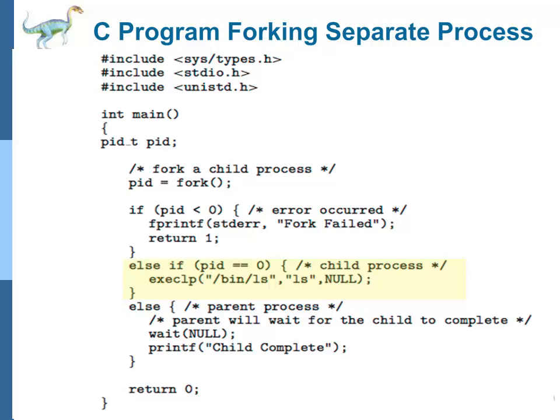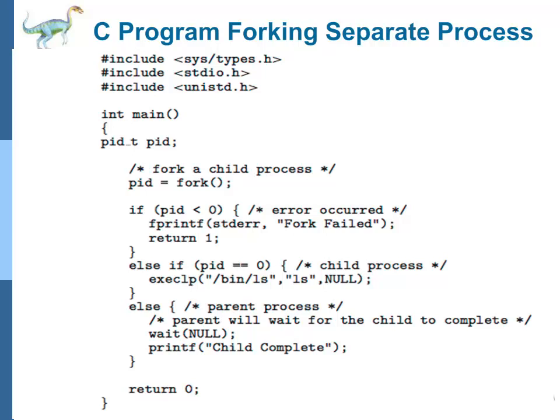The child has the command execlp, which is the same as exec. In this example, the child process overlays its address space with the Unix command /bin/ls, used to get a directory listing, using the execlp system call.